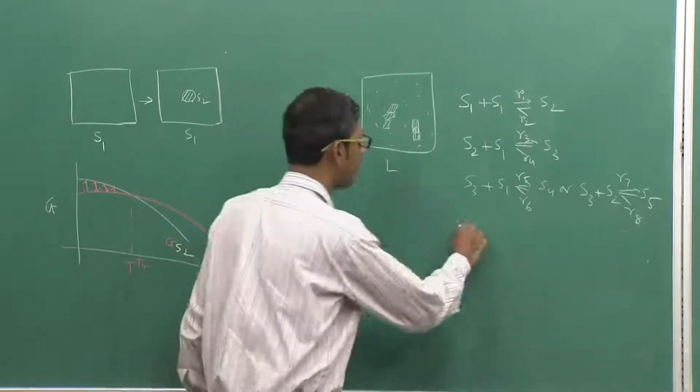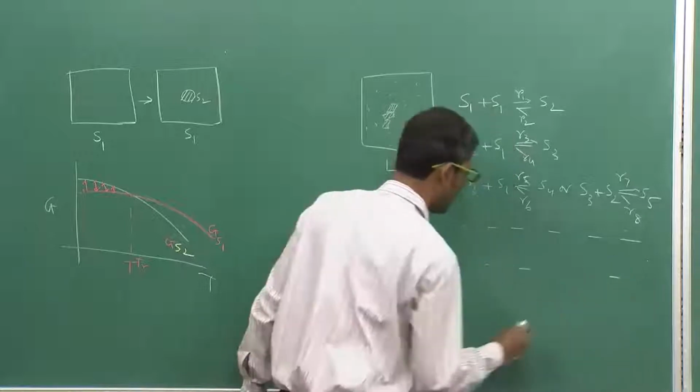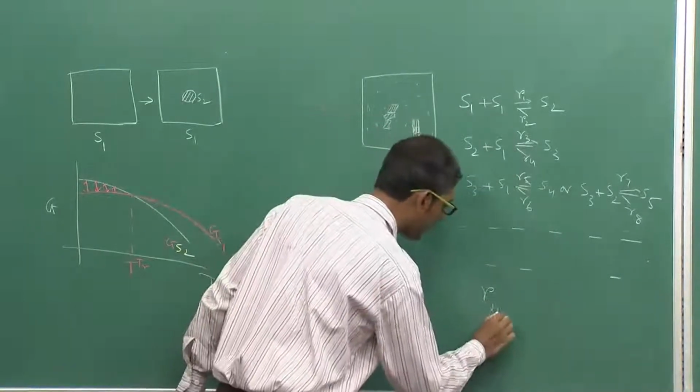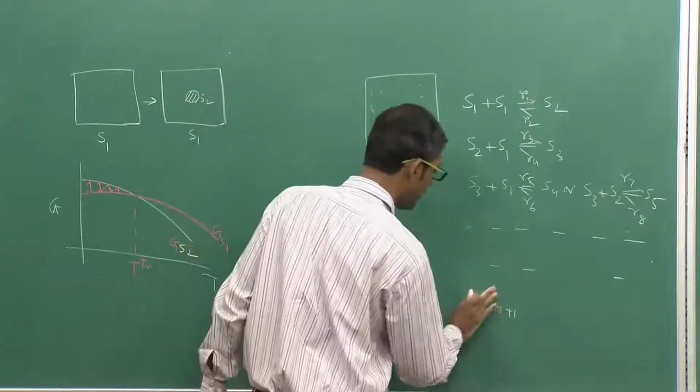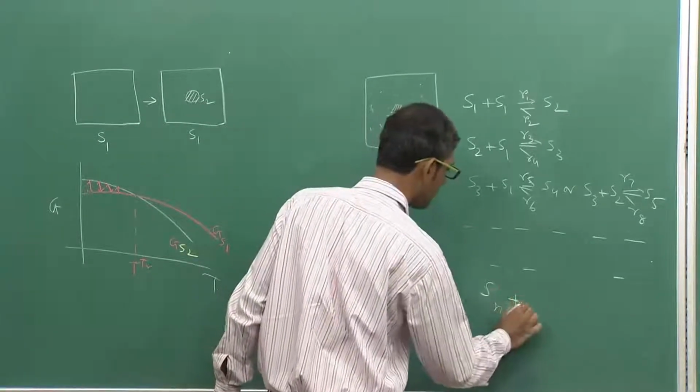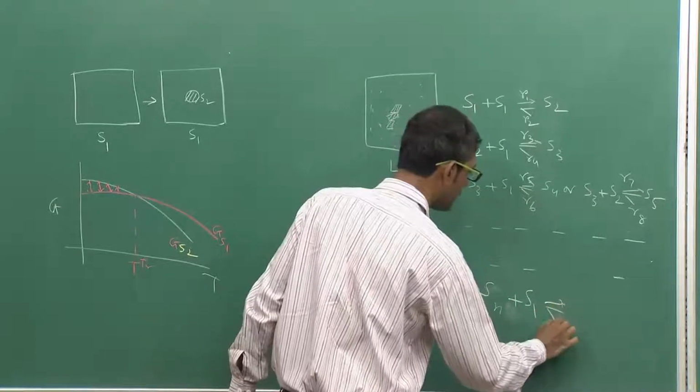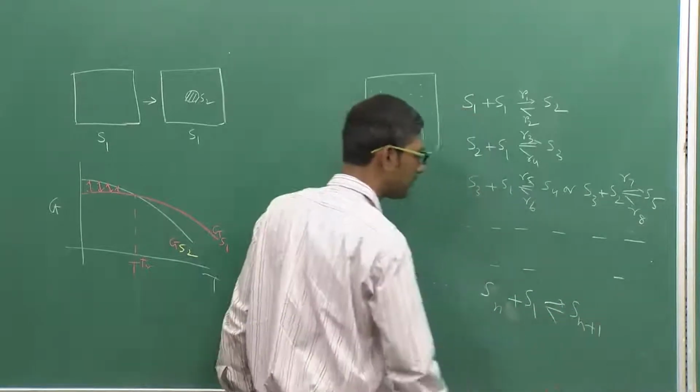Similarly, so on I can write down, and if my critical size nucleus contains n plus 1 atoms, suppose, that means Sn plus S1 giving Sn plus 1.